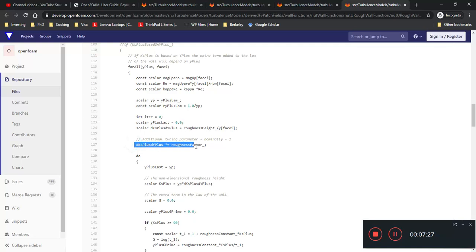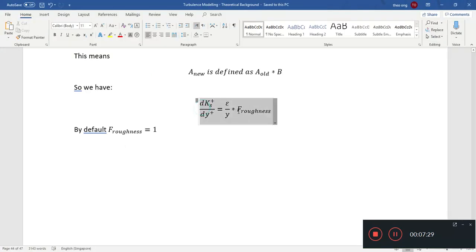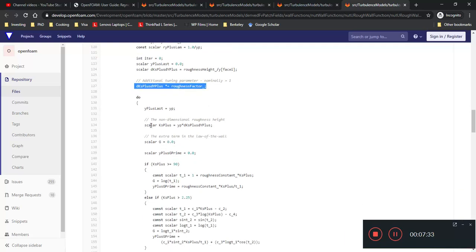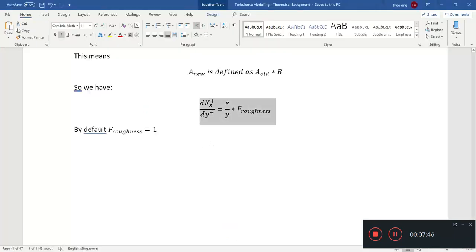So we have this dks plus dy plus equals the epsilon over y times some roughness factor. So we see this ks plus, okay? We have this non-dimensional roughness height equals to y plus times dks plus dy plus.